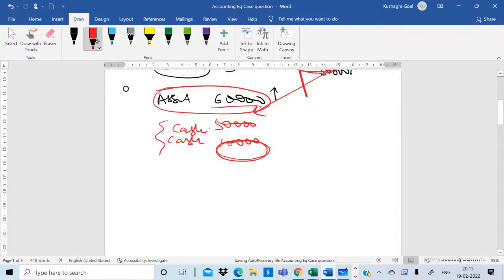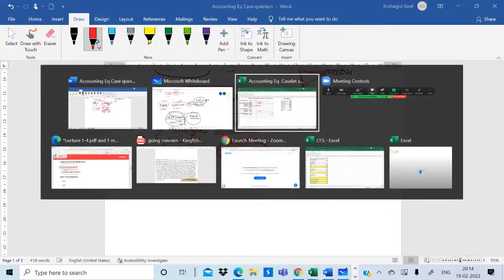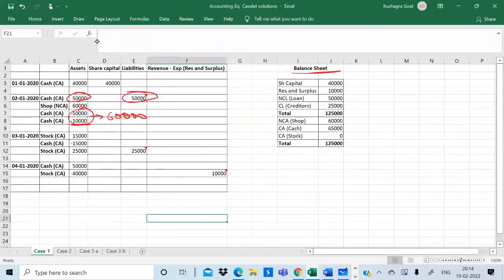I'm just splitting it. 50,000 is from the loan amount. 10,000 is from the initial share capital money that you had got on 1st of Jan. You want to club it? You can club it and write 60,000 as cash. Any questions? Any other question? Otherwise, we move to the balance sheet.